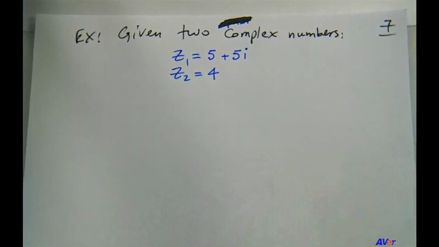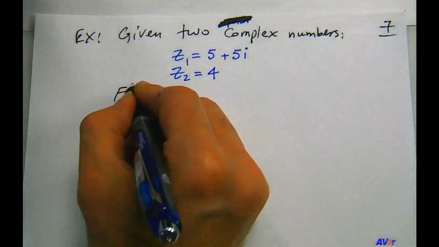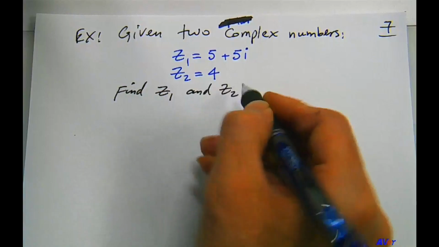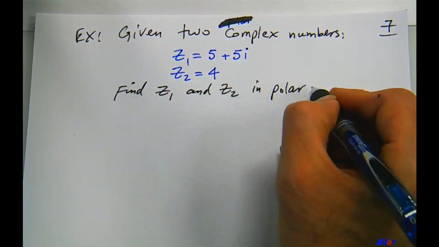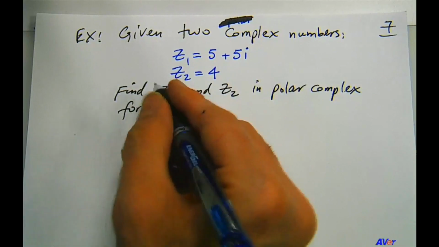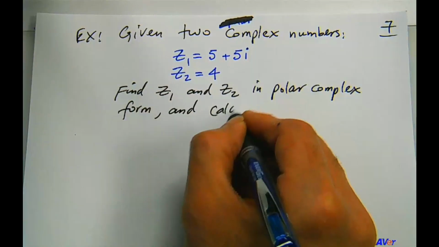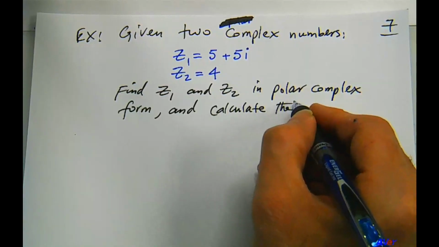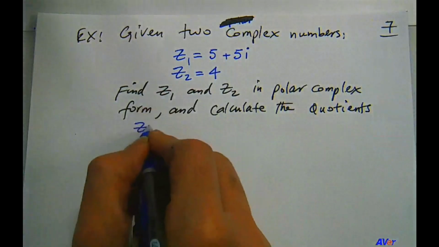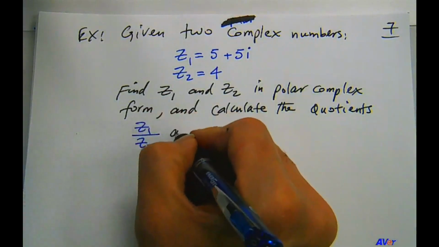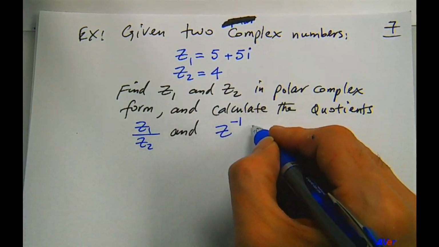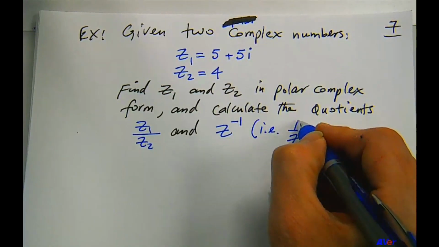Given that, we want to find z1 and z2 in polar complex form, and calculate the quotient z1 over z2 and z inverse, i.e. 1 over z.